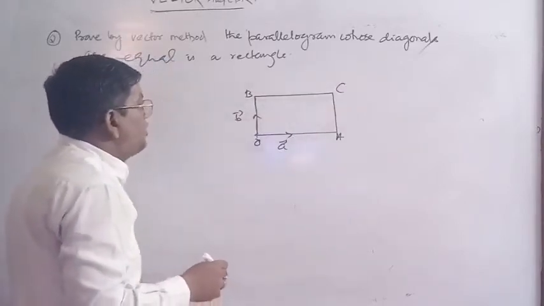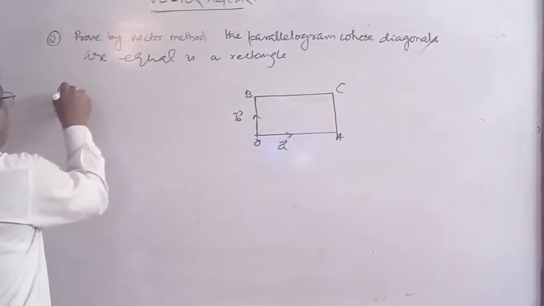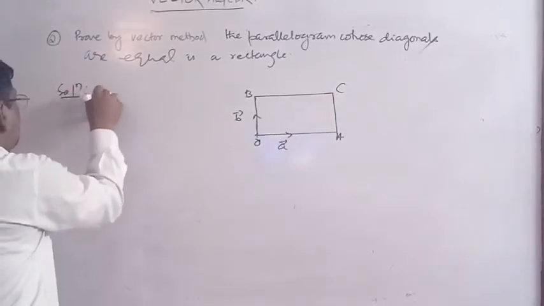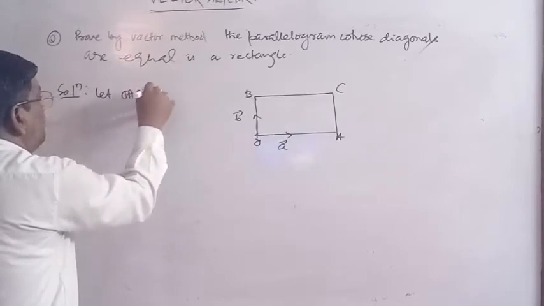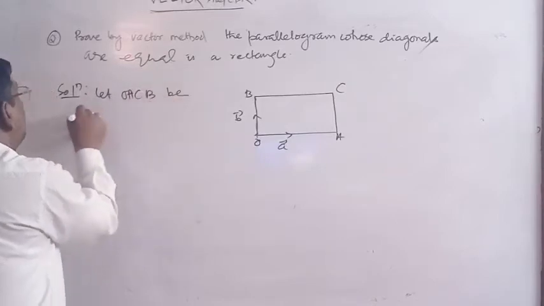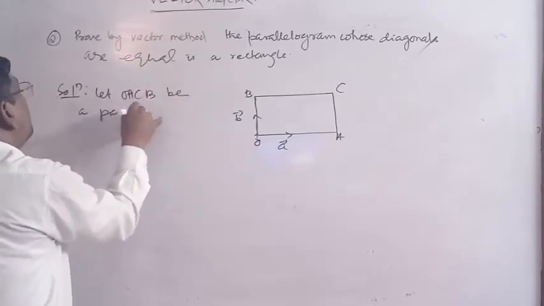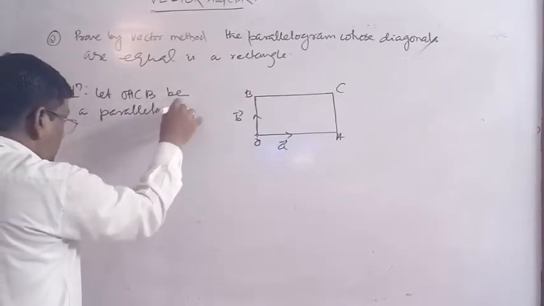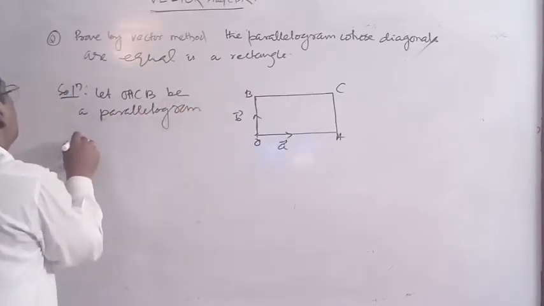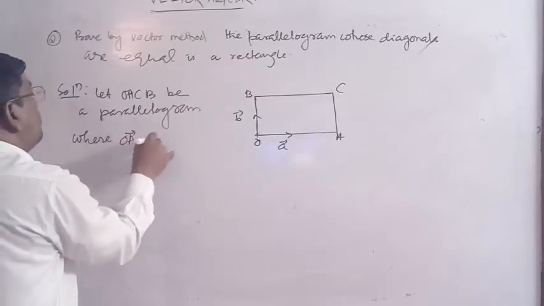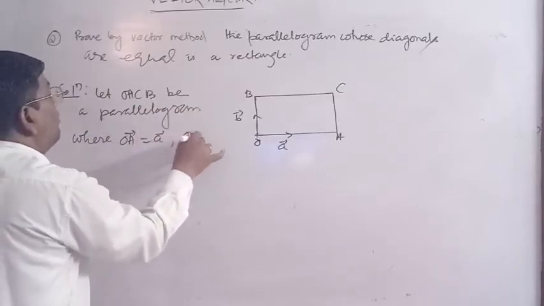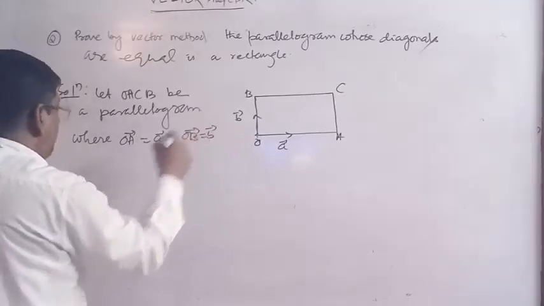Solution: let OACB be a parallelogram where OA vector is equal to A and OB vector is equal to B vector.